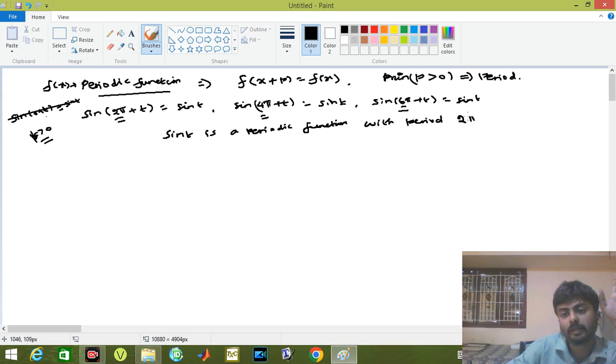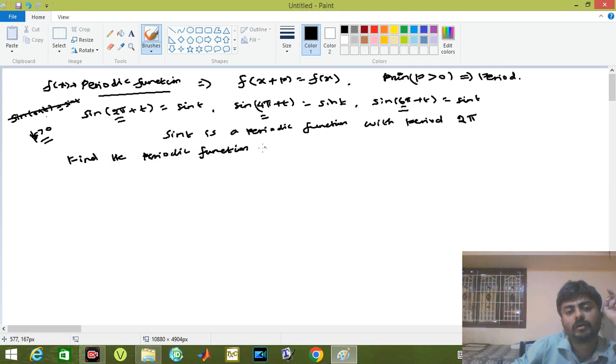Okay, now suppose you want to find the period of sine omega t, you may be required to solve this in a part A section: find the period of sine omega t.